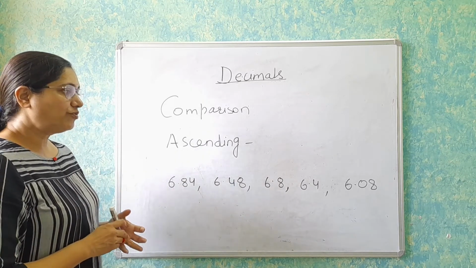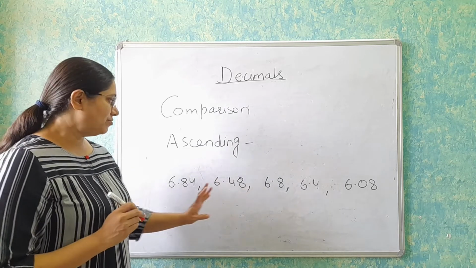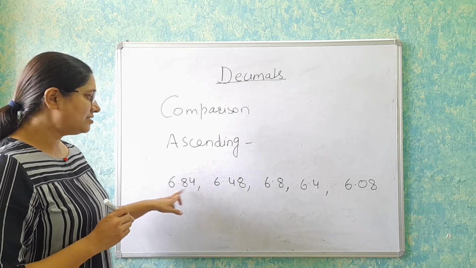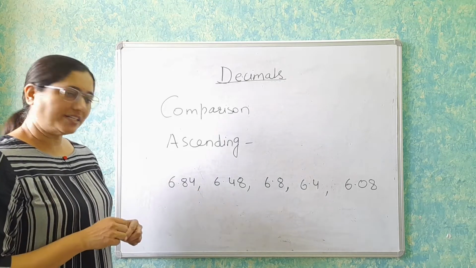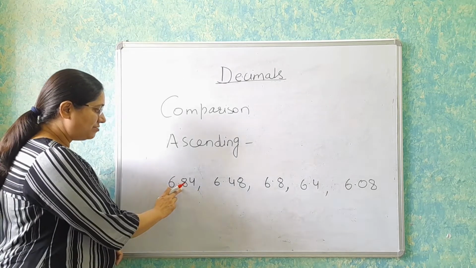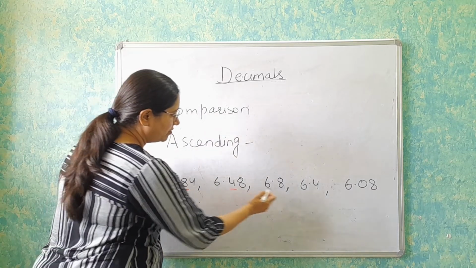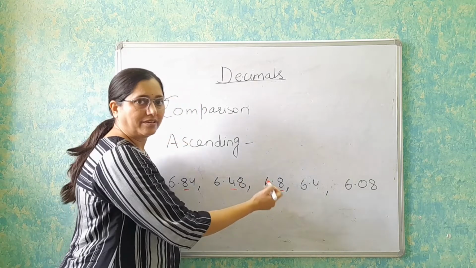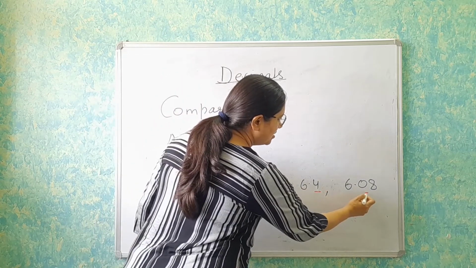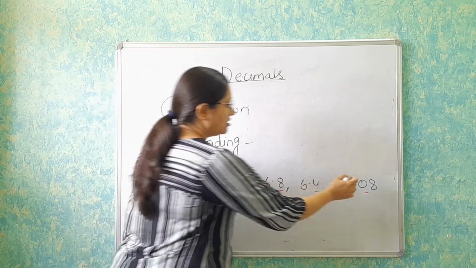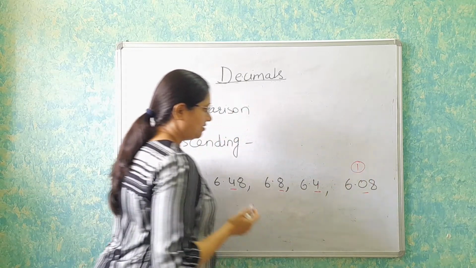Suppose you have to arrange all these numbers in ascending order, and you know that ascending order means small to big. So first we will compare all these numbers. The whole numbers are same in all the cases. It is 6. So now we will look for the decimal part. After decimal, this number has 8, this is 4, this one has 8 again, this one has 4 and this one is 0. And 0 is the smallest number, so we can say this number is the smallest.